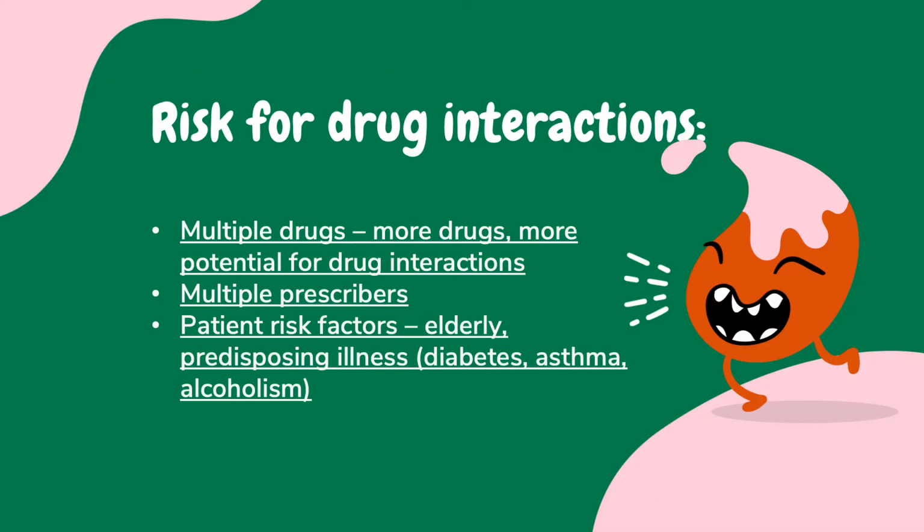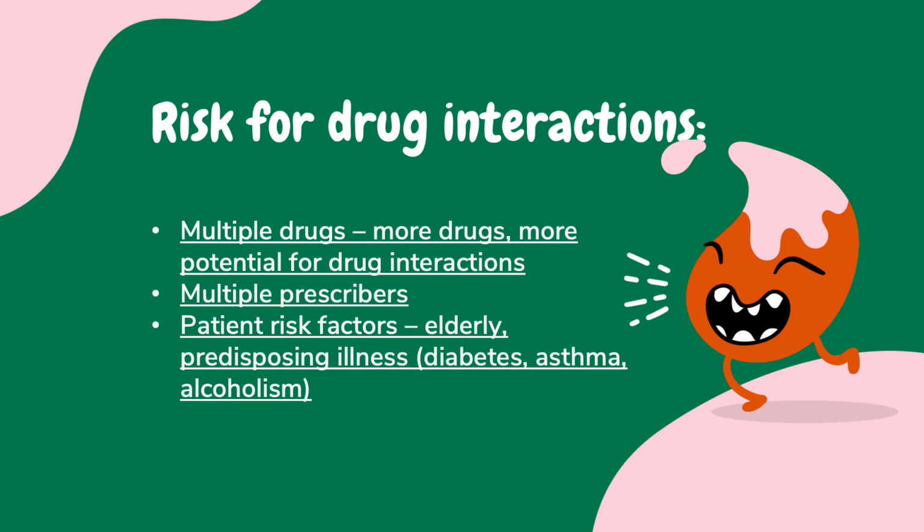So all of the mentioned drug interactions can happen if the patient has multiple drugs, so more drugs, more potential for drug interactions. If the patient also has multiple prescribers and risk factors such as old age, predisposing illness, and comorbidities such as diabetes, asthma, and alcoholism.